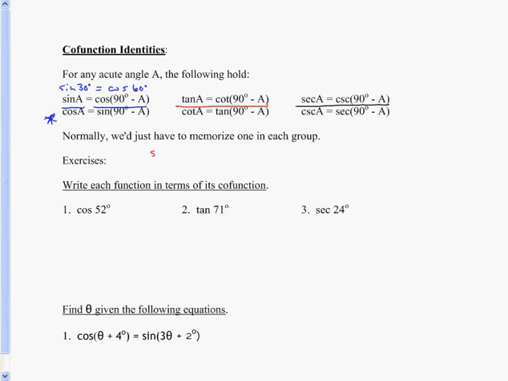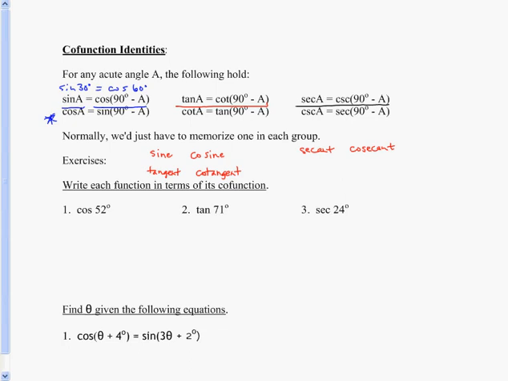Now think about this, guys. Sine and cosine are cofunctions. Tangent and cotangent are cofunctions. Secant and cosecant are cofunctions. It's in their name.